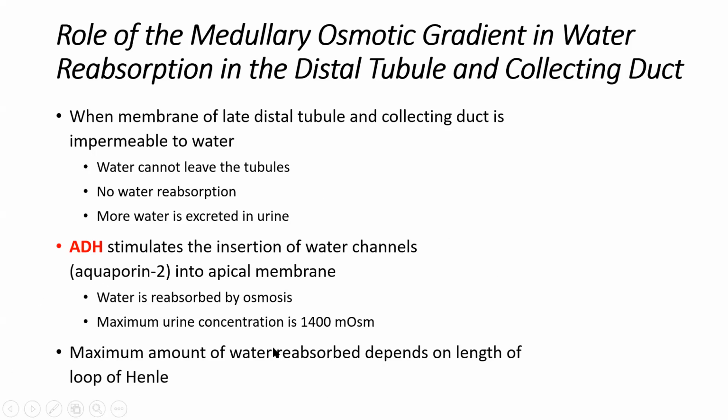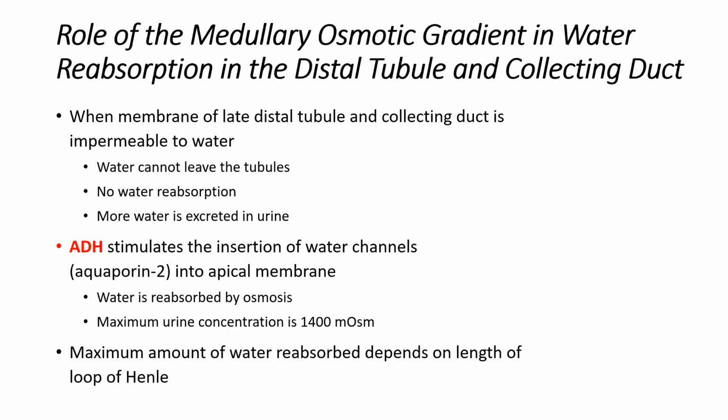And I kind of touched on this before, where we looked at animals that had really long loops of Henle, like our desert animals and camels, to other animals that have much shorter loops of Henle. And the longer the loop of Henle, the more opportunity for water reabsorption, and the bigger the gradient, right?